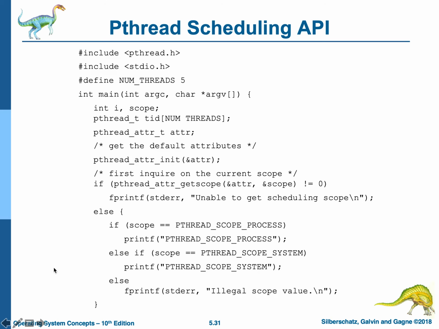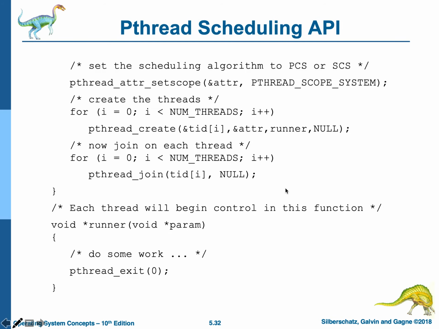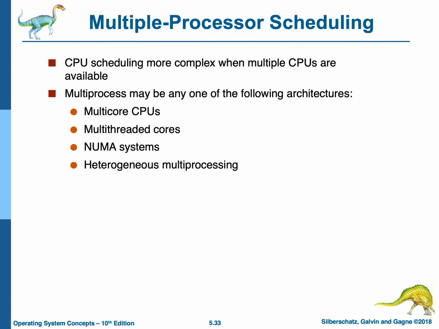In the example, this is the same one we saw previously. The only thing changed is that we check what the contention scope is, whether process or system, and we just print it here. The sum variable scenario is the same, and the threads that were created are forked and joined back, as in the previous chapter.